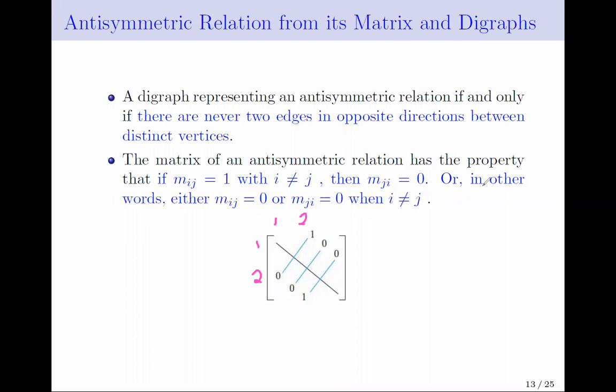Or in other words, either m_ij equal to 0 or m_ji equal to 0. That is, if m23 is 1, then m32 must be 0, or either m23 equal to 0 or m32 equal to 0. That means if m23 equal to 0, then m32 can have either 0 or 1. But if m32 is 1, m23 cannot take the value 1.